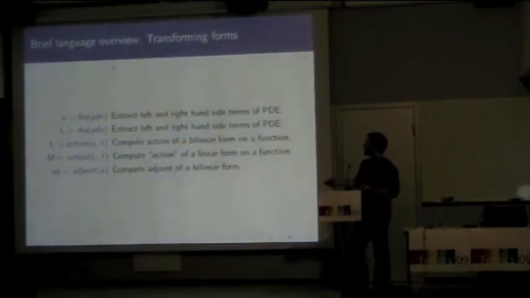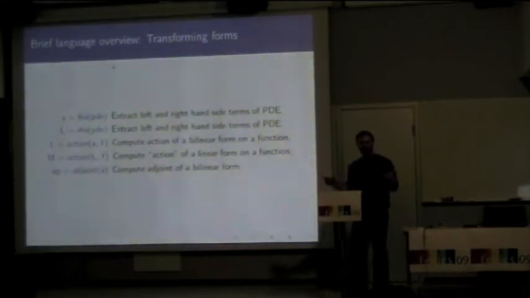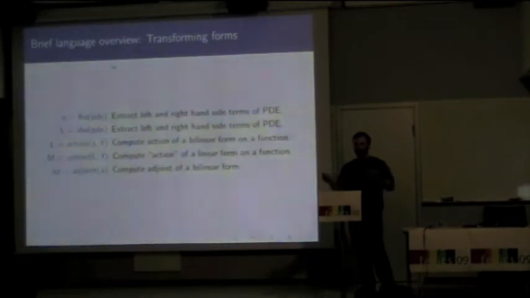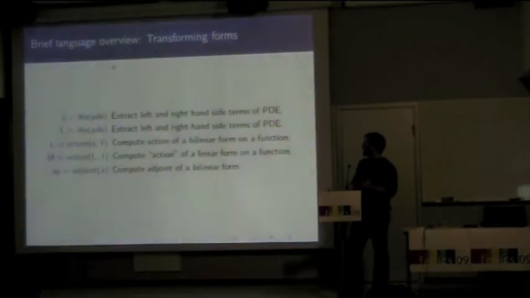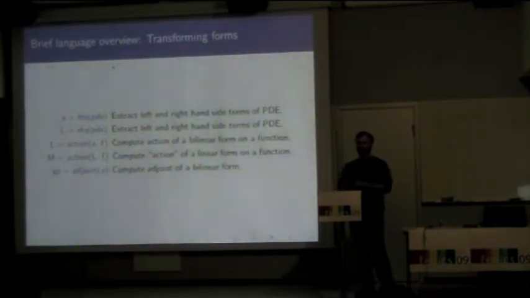And we have some other operators. You can extract the left-hand side and right-hand side bilinear and linear forms from a form where you just write everything as one expression. And you can compute the adjoint of a bilinear form. This is simply done by swapping the test and trial functions.